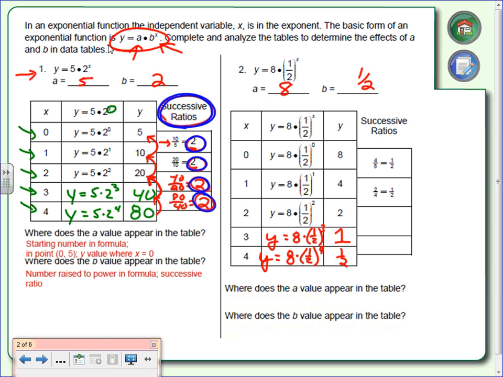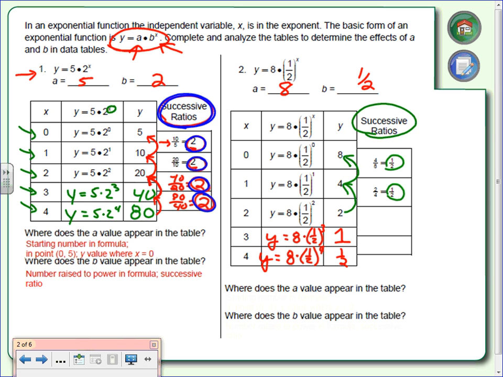Now let's come over here and look at this successive ratio that we talked about earlier. All we're doing here is dividing. It's this number divided by this number. 4 divided by 8 is 1/2. This number divided by this number. 2 divided by 4 is 1/2.